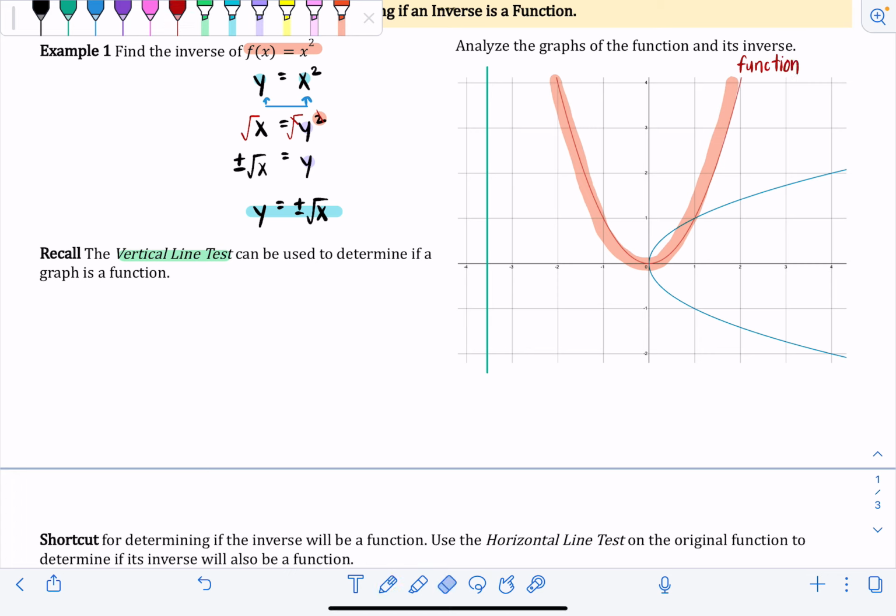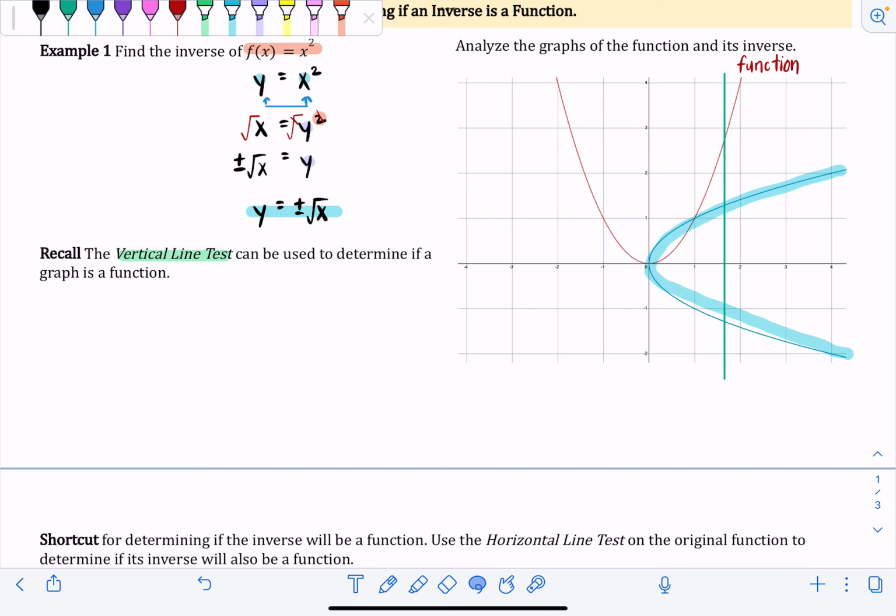And then we can use that vertical line test on the inverse as well. So our inverse is the blue line. It's this one down here. If I drag a vertical line through it, you can see it definitely hits our inverse at more than one point at once at several different locations, almost the entire graph at more than one point at one time.